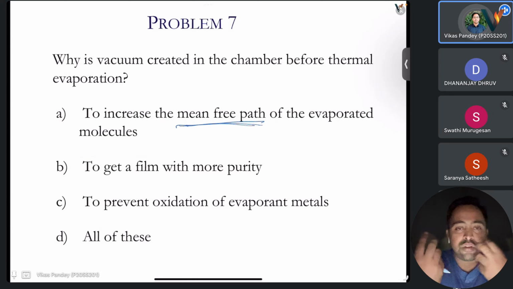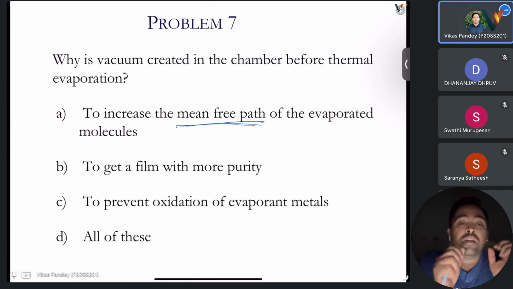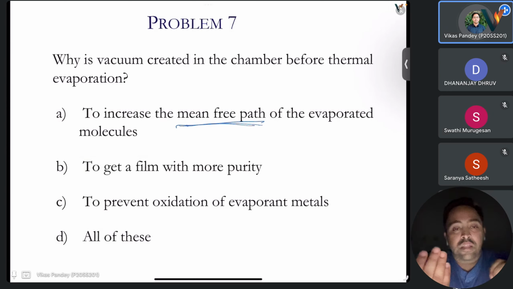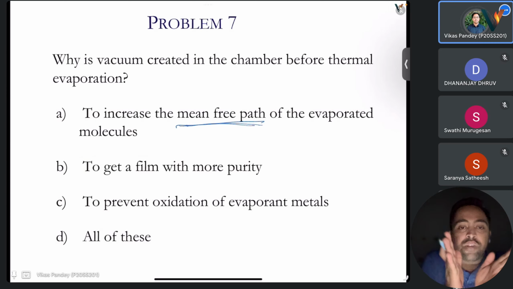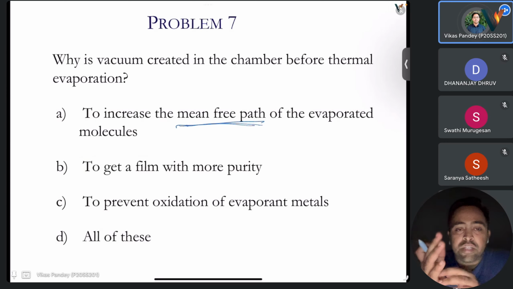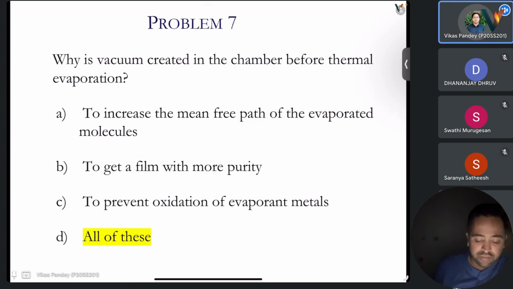Though that is not perfectly possible, that is the ideal thing we want, and that is why we create a vacuum with the least number of molecules available there. And we keep the sample and the target very close so that these molecules can easily go to the target directly. So it will be all of the above.